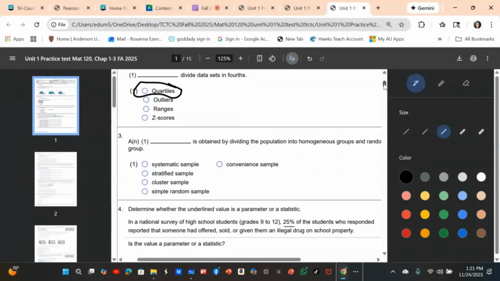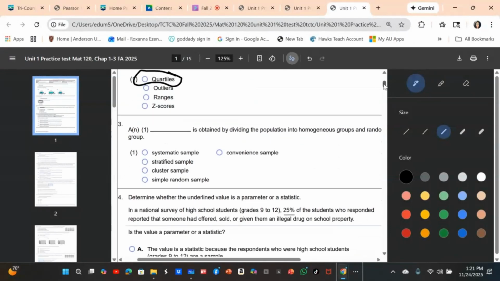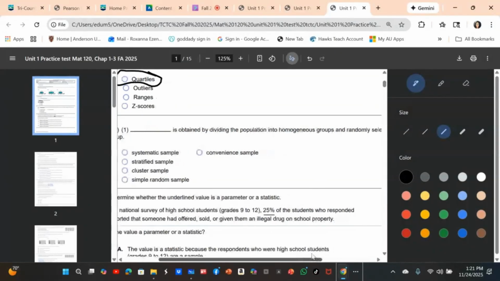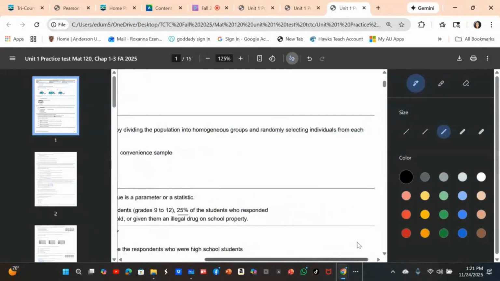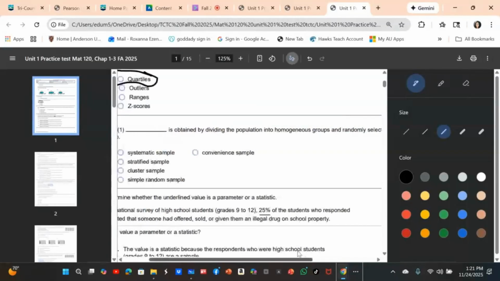Okay, so the next question says, dash is obtained by dividing the population into homogeneous groups and randomly selecting individuals from each group. That is a sampling method. Which one is it?